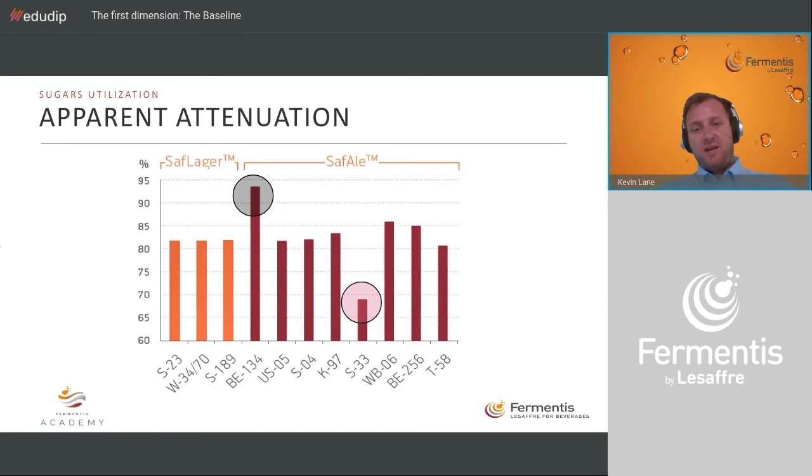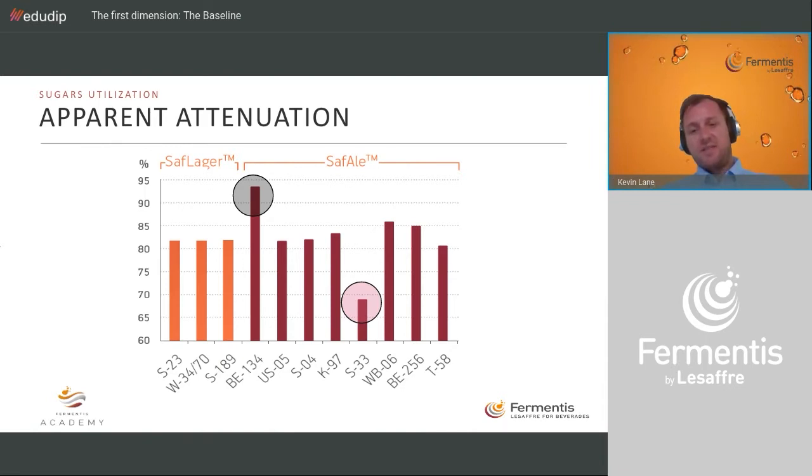What I always like to point out when looking at this apparent attenuation, these kind of graphical analyses, is the way that these are produced is in a very limited set of fermentations, all targeting just having the same base wort, the same fermentation capability. And it's a way for you to compare 2 different strains in the same media.